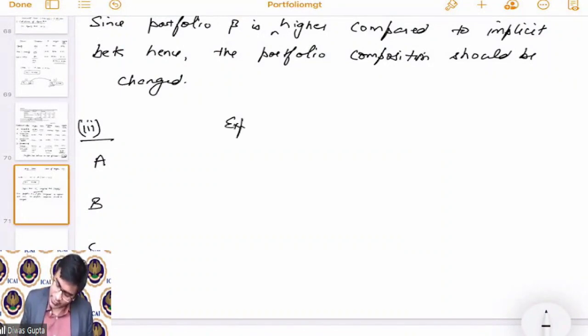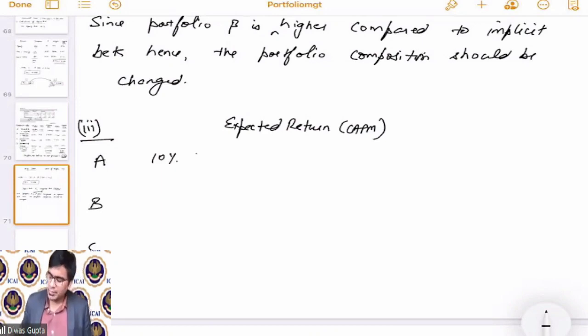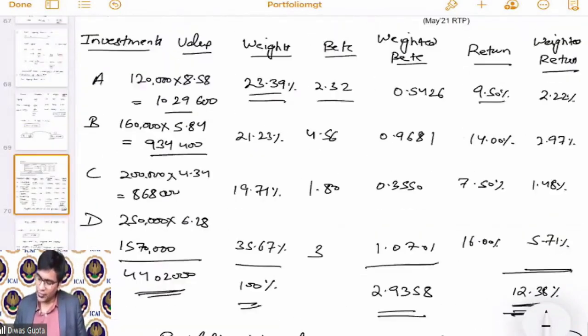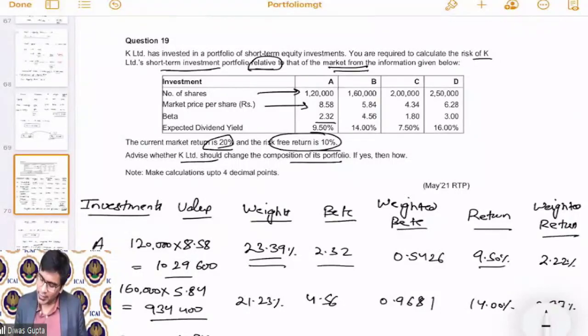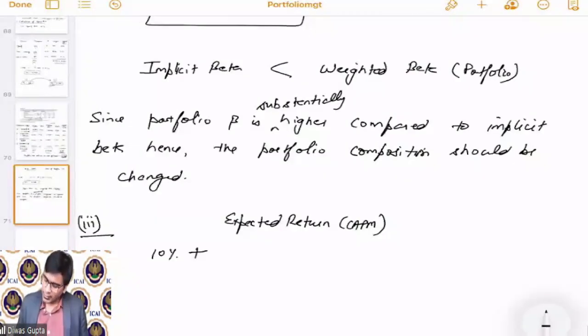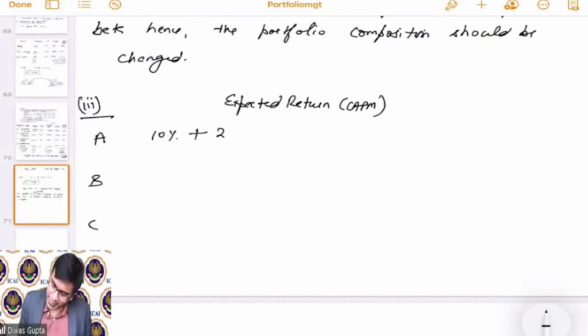Here we are using the expected return as per CAPM. Expected return as per CAPM is risk-free rate of return plus beta of A. Beta of A is given as how much? 2.32. So 2.32 multiplied by 20% minus 10%.